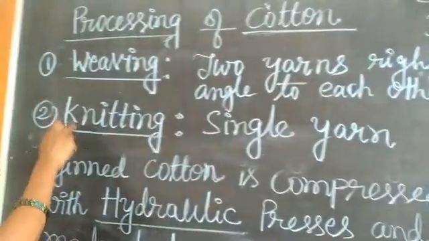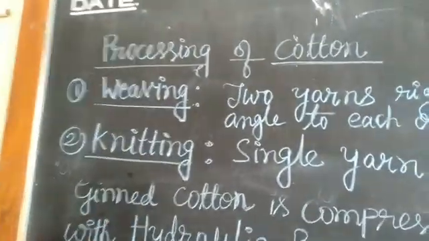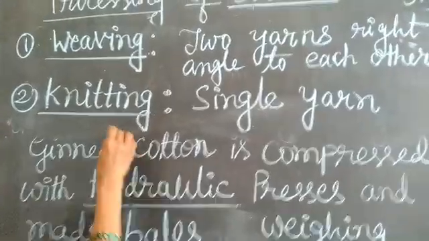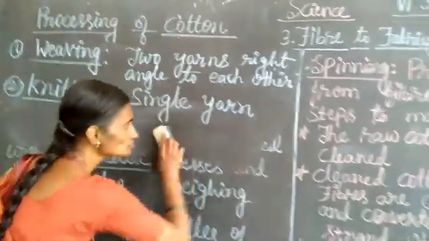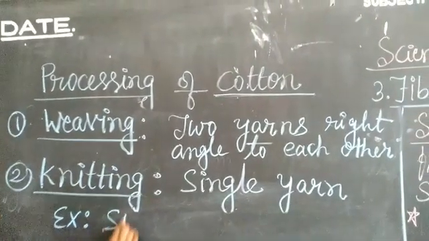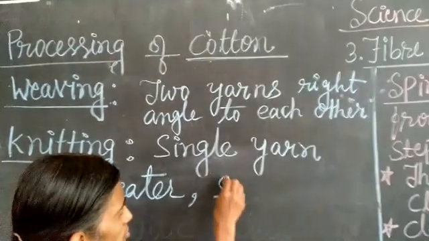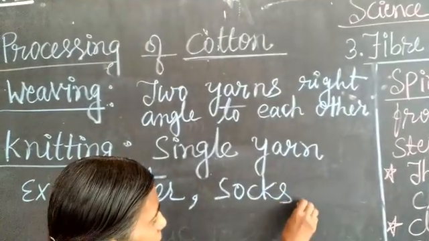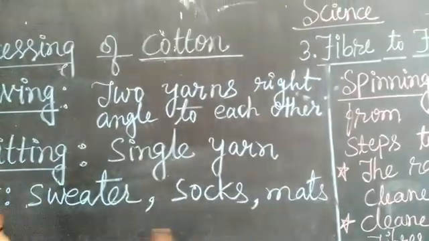So there are two processes of making fabric, weaving and knitting. You have observed weaving, and this is knitting. For example, sweaters, socks, even doormats, etc.